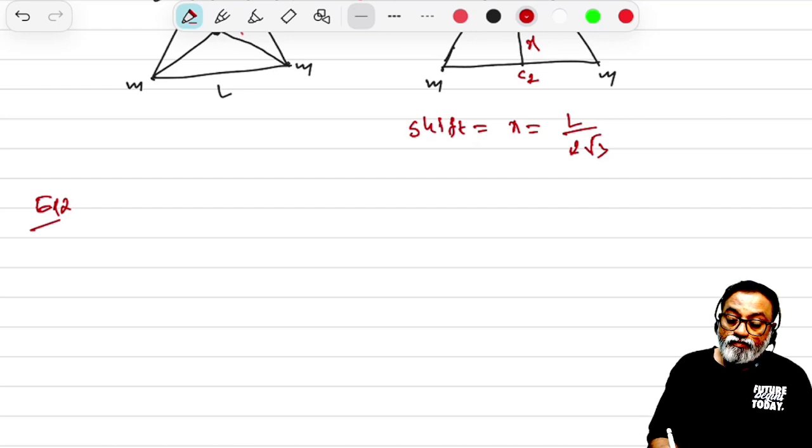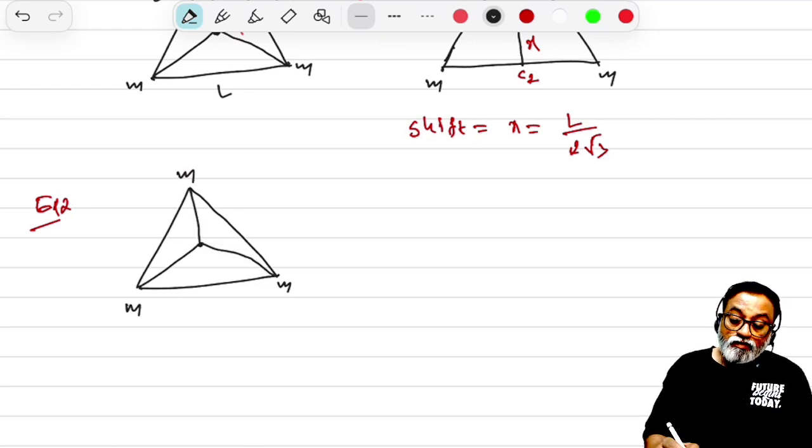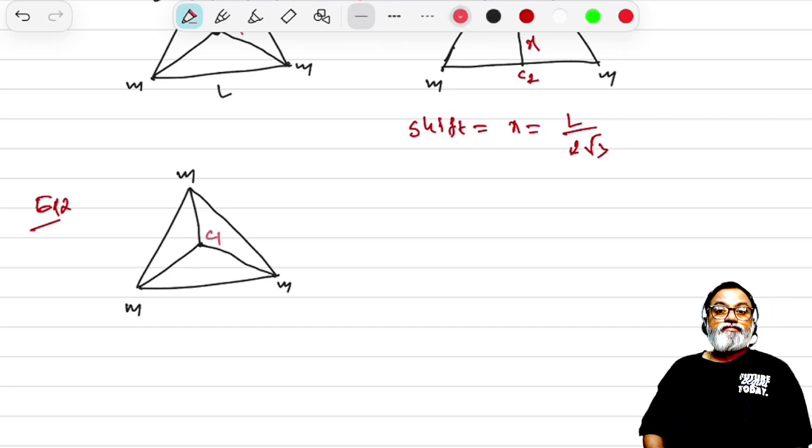Example 2. M, M, M. Therefore, the center of mass is the centroid, C1.